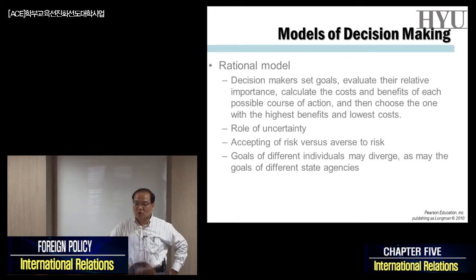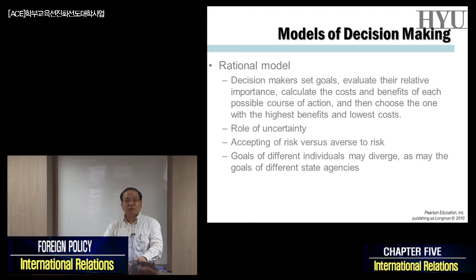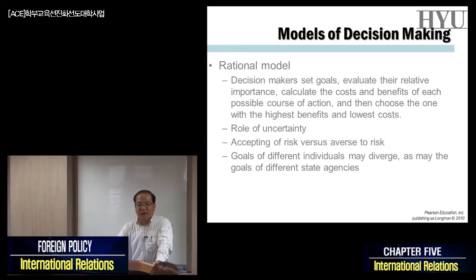Sometimes emotions are important. This is in fact referred to as affective bias.